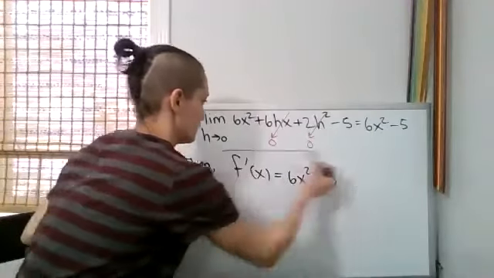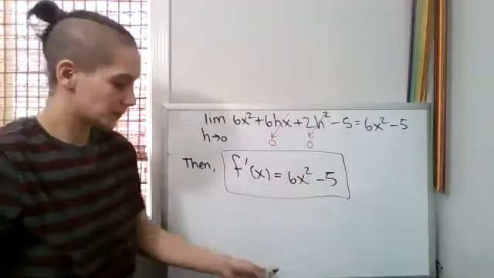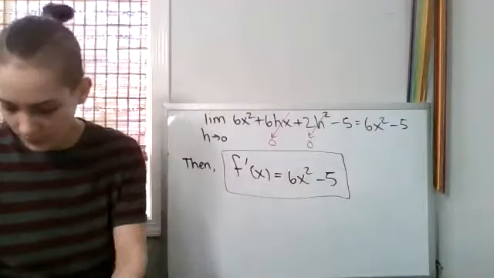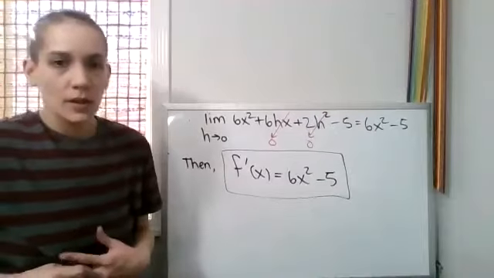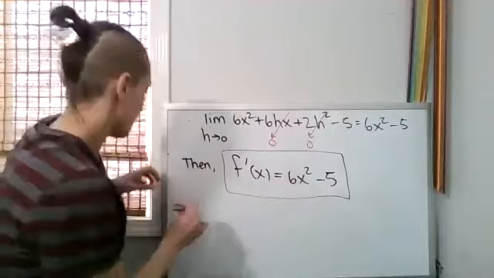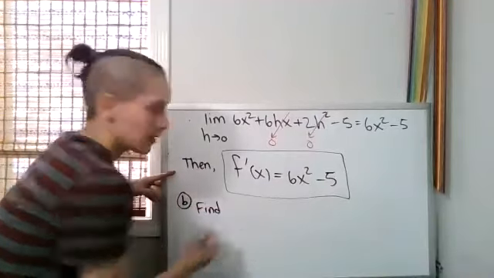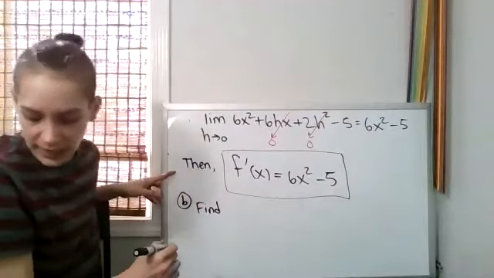I like to highlight stuff. Okay, I put a little extra piece to this. Part B. Find the slope of the tangent line at x equals 1.